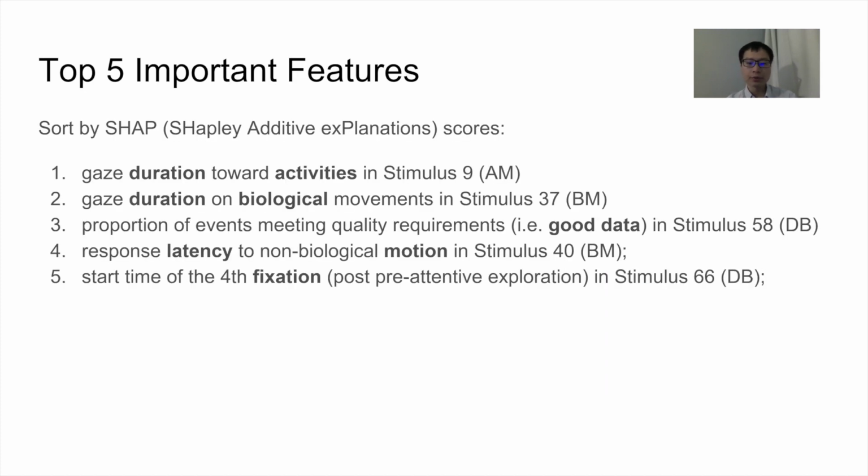We also extracted the most important features from our SCIN model by using Shapley values. From this analysis, we find that looking duration on ROIs, quality control, latency, and exploration statistics are all important for ASD classification. Stimuli identified by SCIN may be reflective and may be good examples of the experimental class.